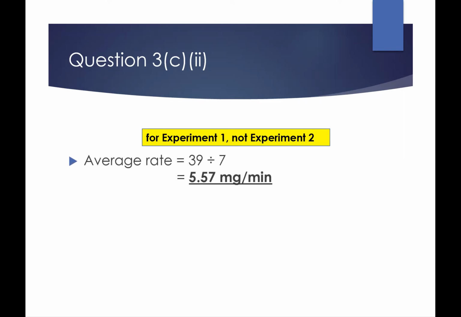So you use your graph for experiment 1. You draw the usual dotted lines to get the values, and then you have your value of 5.57. They also did require you to give units for your answer. So the units mg/minute will be worth a mark as well.